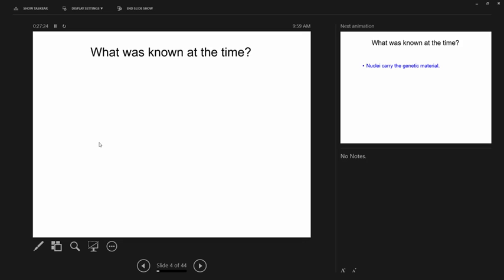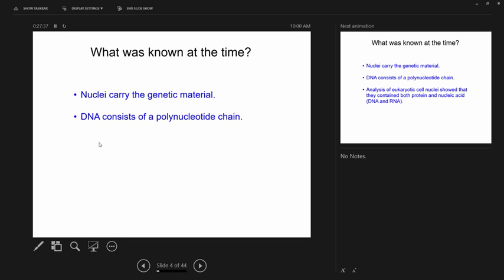All right, so this is what I was talking about earlier. What was known at the time, and why would we not suspect, hey, why isn't it just DNA? So we knew nuclei carry the genetic material in eukaryotic cells. Remember, prokaryotes don't have a nucleus. Deoxyribonucleic acid, at the time known as deoxyribose nucleic acid, chemists knew consisted of a polynucleotide chain. They did not know about this structure, obviously.